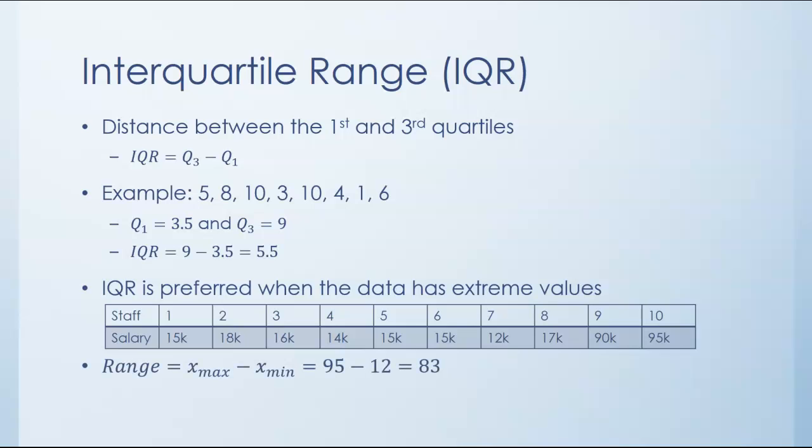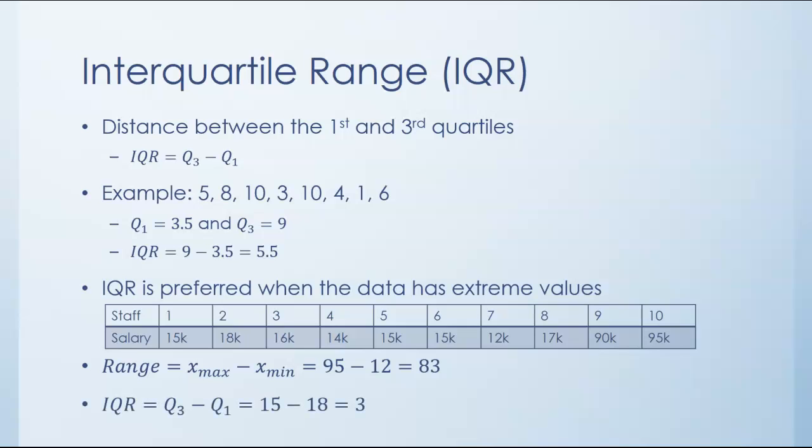So if we do just this normal range, which would be the maximum value minus the minimum value, we would have 95 minus 12, which would give us a range of $83,000. But again, because of that 95,000 and the 90,000, it's really throwing off the range.